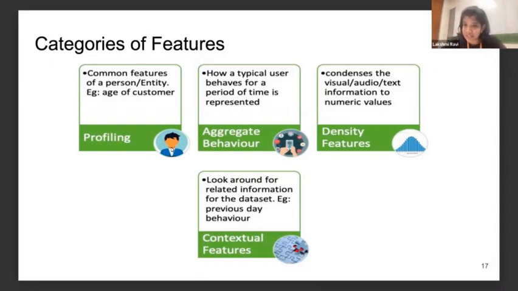And density features, which are again very common in text and image data or synthetic data, where you have some text information describing something and you want to condense it, like bag of words features, come under this category of density features. And contextual features: whatever you are extracting for this particular entity, look around and extract for some related entities and feed it into the model so that it can learn from the context as well.